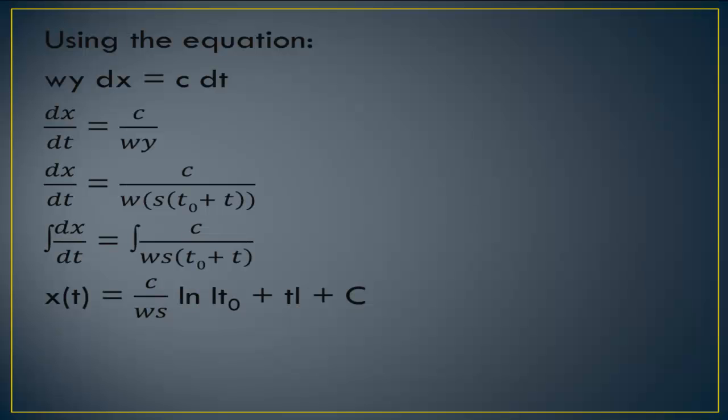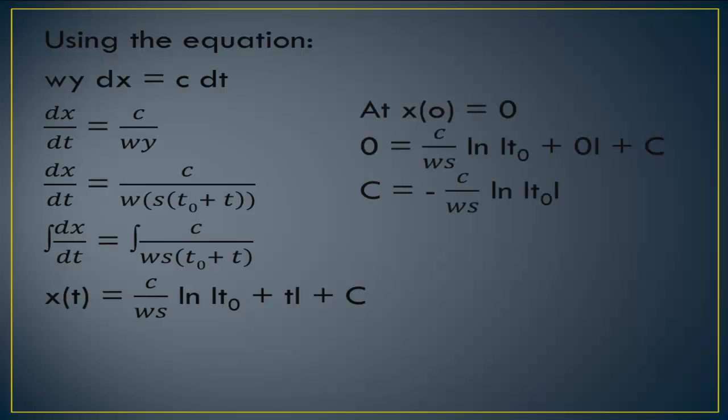So using the equation w y dx equals c dt, we can integrate both sides to get x(t) equals c over ws ln(t sub 0 plus t) plus C. Making t equal to 0, x(t) is also equal to 0.